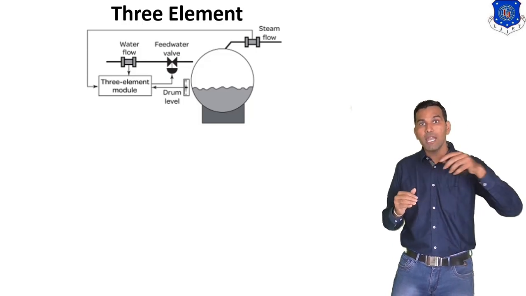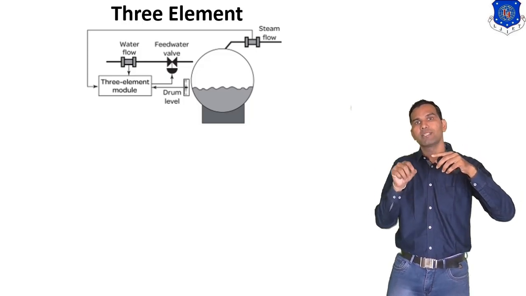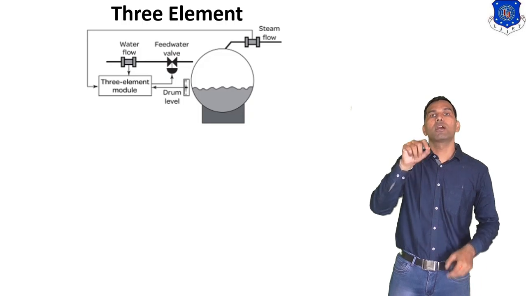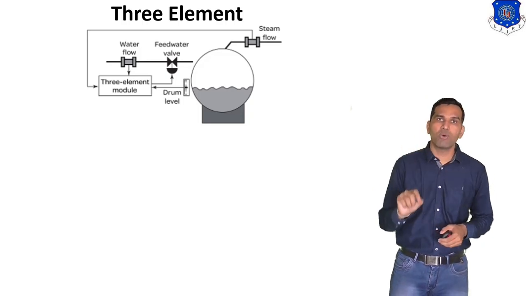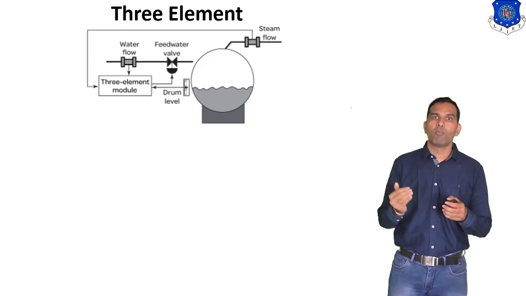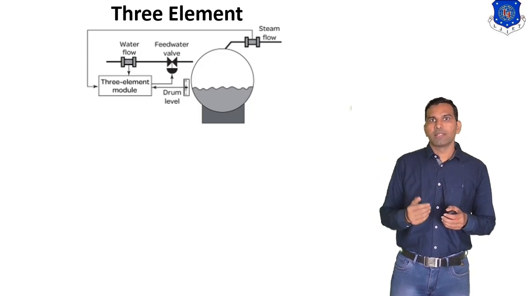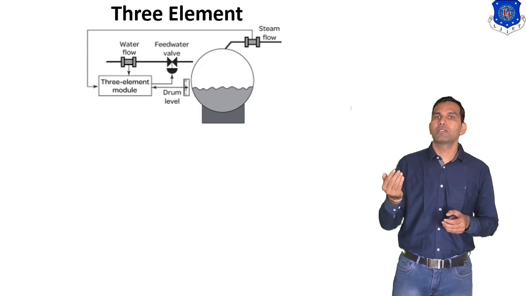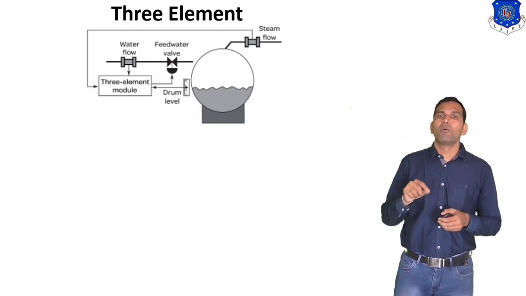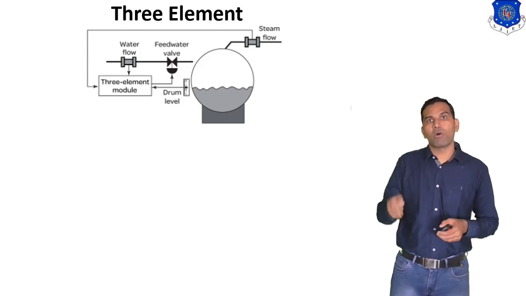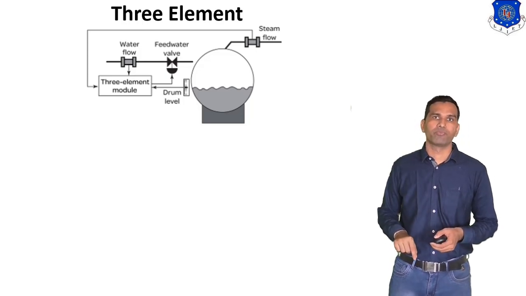That means inlet water flow we also measure and it gives to the controller. So here we give three input signals: first from the boiler drum level, second from the steam outlet flow signal, and third the water flow, that means the inlet water flow.